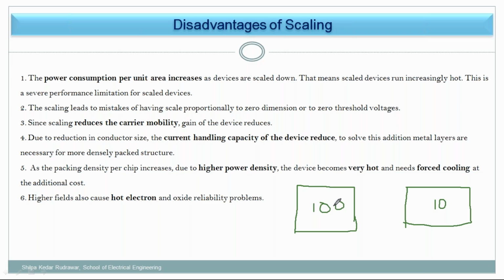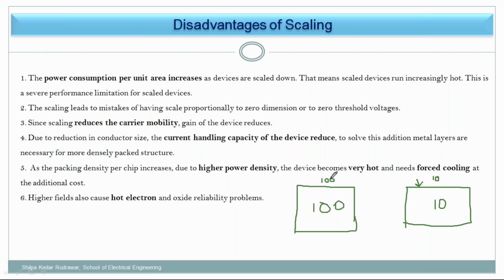Yes, you're able to see this. Now suppose here leakage current, power dissipation per device was 1 into 10. So that is 10. Power dissipation per device is 10, but here power dissipation per device is what?